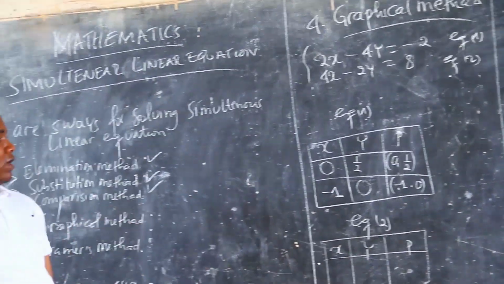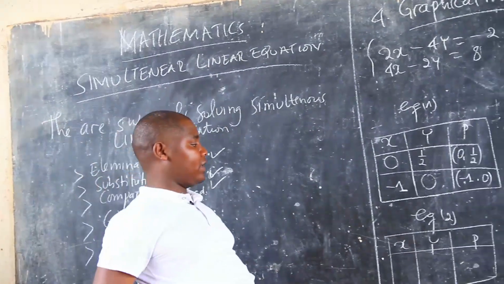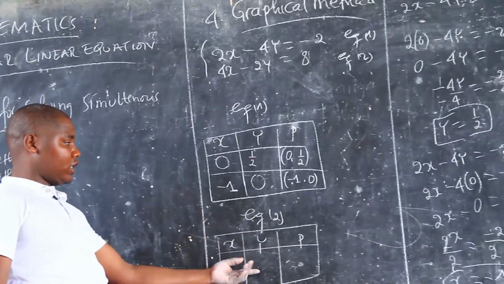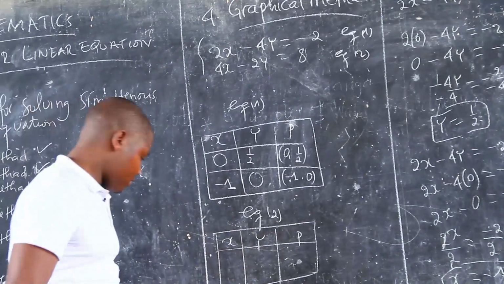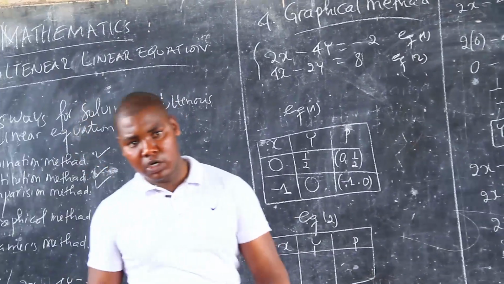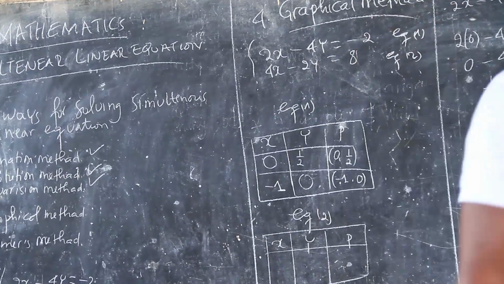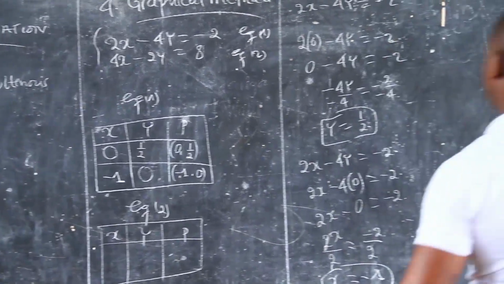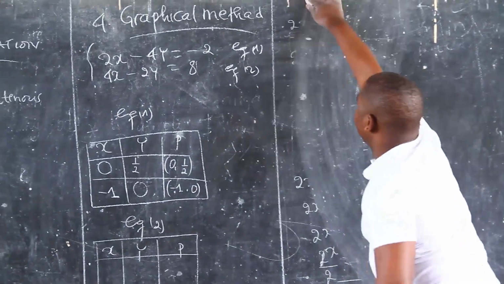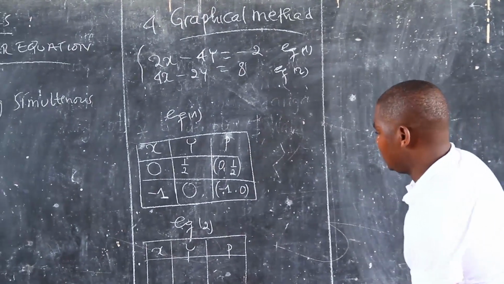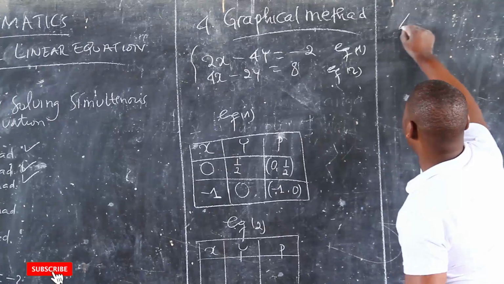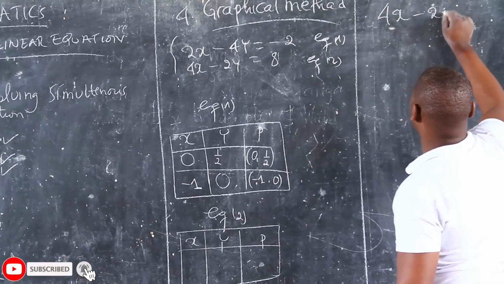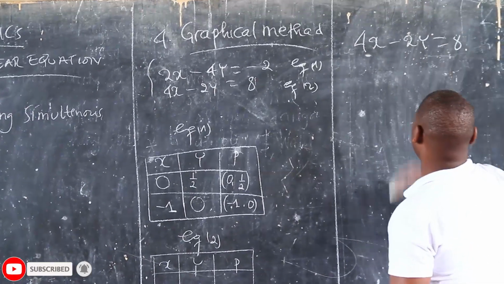After equation 1, we are going to look for another coordinate in equation number 2. What can I do? So let's look at equation 2. We have 4x minus 2y equal to 8.